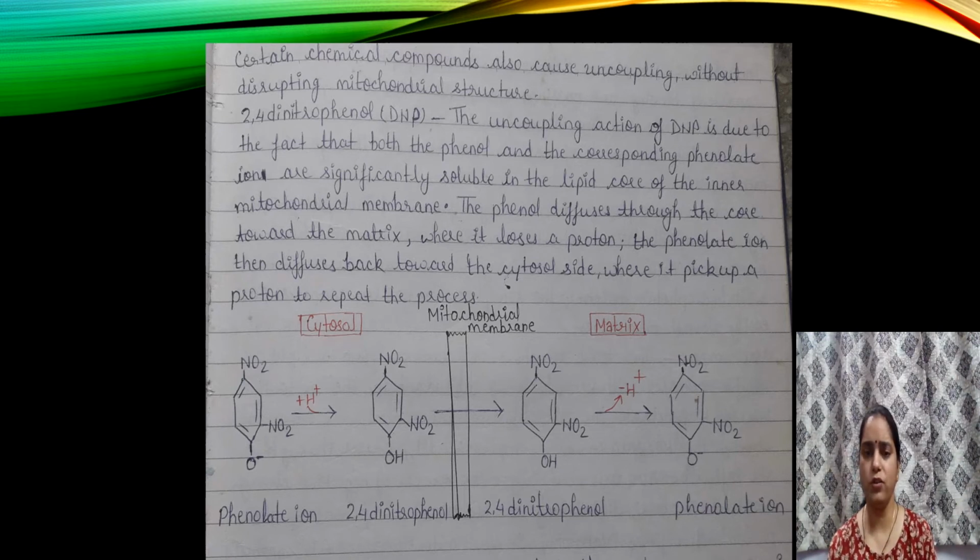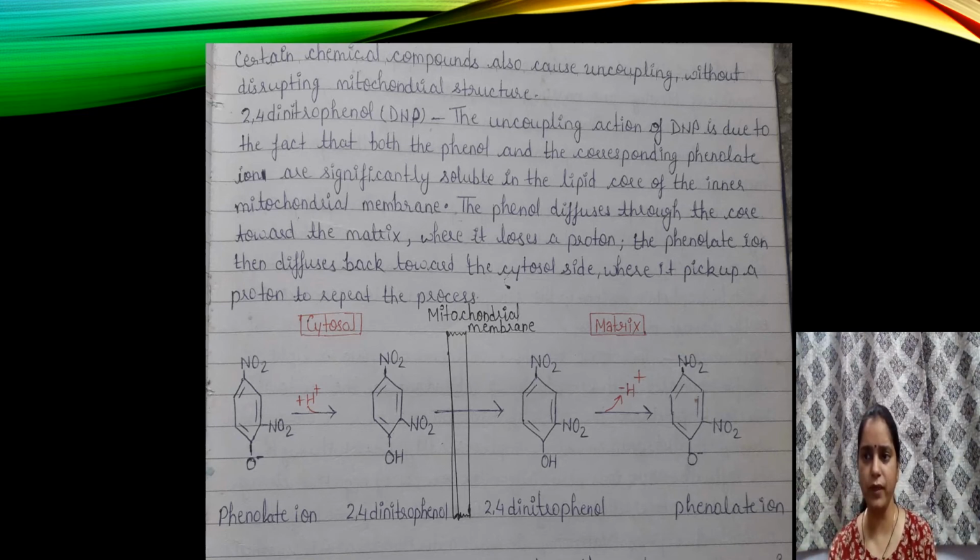That means there is no proton gradient formation, and protons are not entering through ATP synthase. So the energy released due to collapse of the proton gradient is dissipated in the form of heat. It is not utilized to synthesize ATP molecules from ADP.